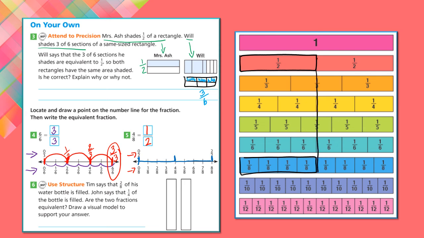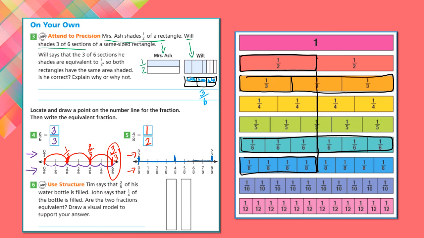I could do the same thing for my 3/3 and my 6/6. So 3/3 and 6/6, and you see that 3/3 is 1 whole and 6/6 is 1 whole.